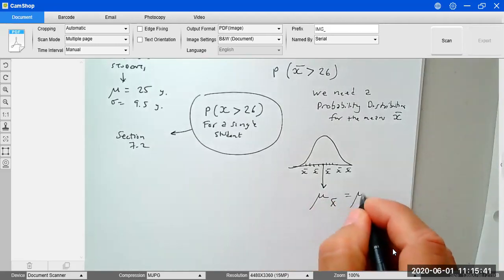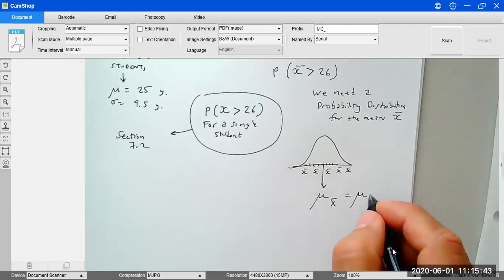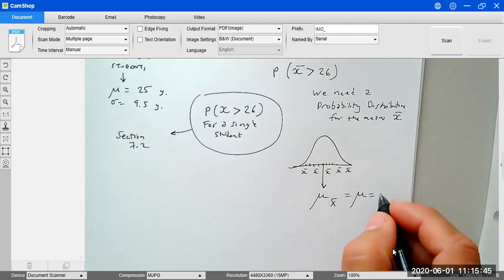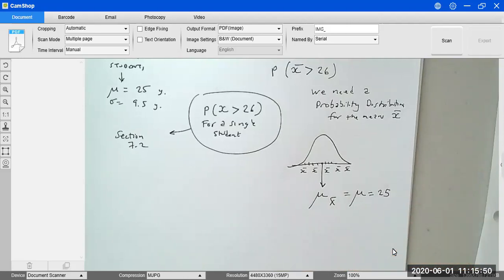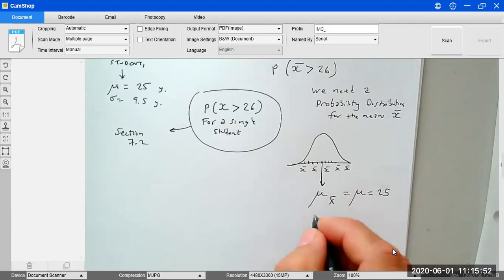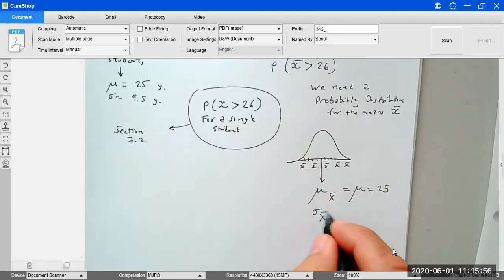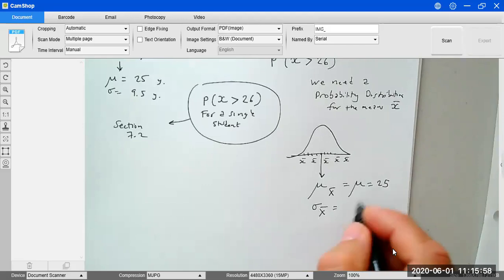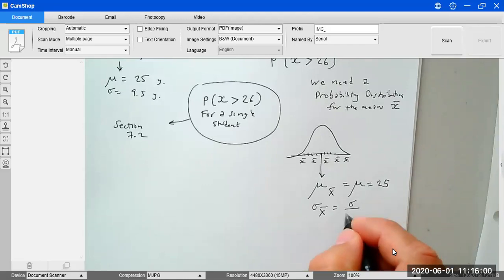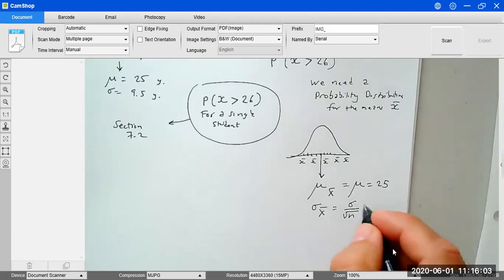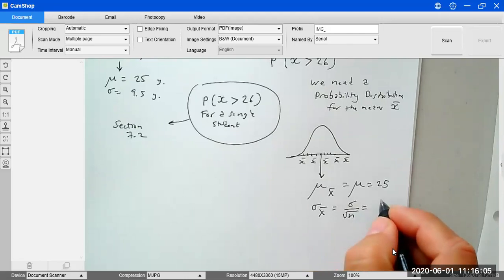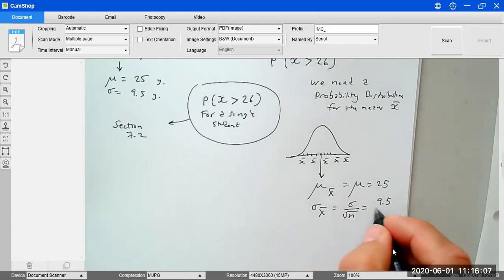It's just the same mean as the population of college student ages, so it's going to be 25 years. Now, what is the standard deviation of this distribution? It's going to be just the standard deviation of the original population divided by the square root of n. So this is going to be 9.5 over the square root of 125.